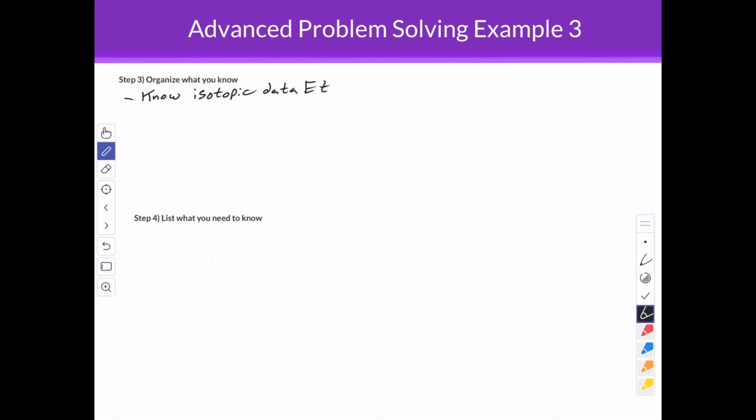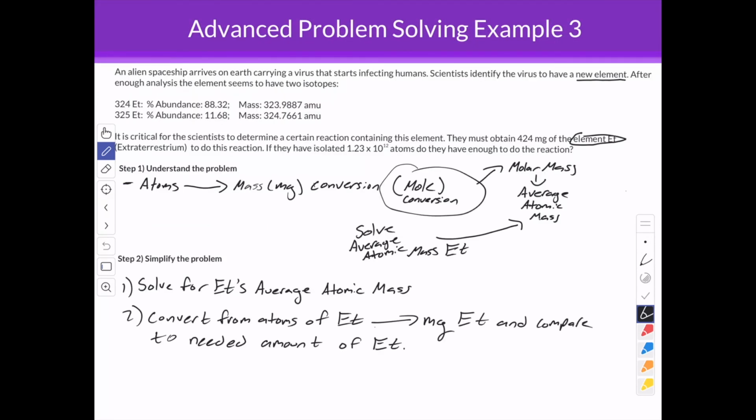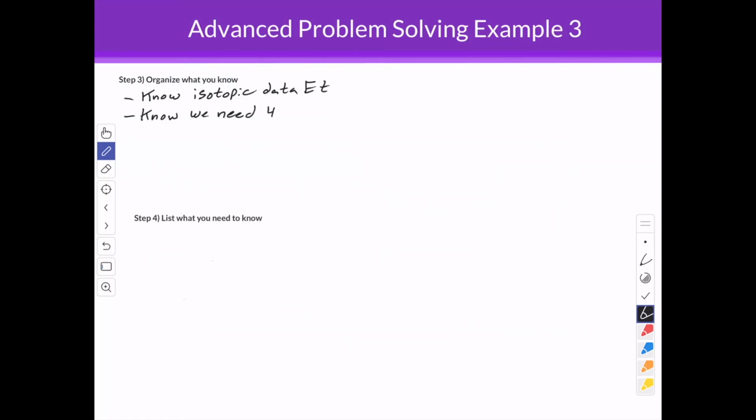I'm not going to rewrite all the isotopic data. So we need to know our isotopic data. We know we need, how many milligrams was that? 424 milligrams of ET. All right? That's about all we really know from the problem.